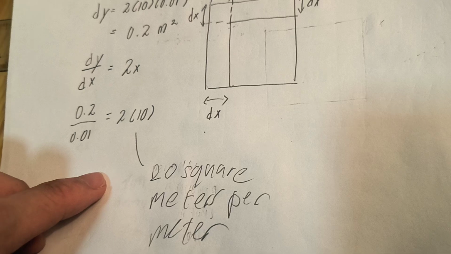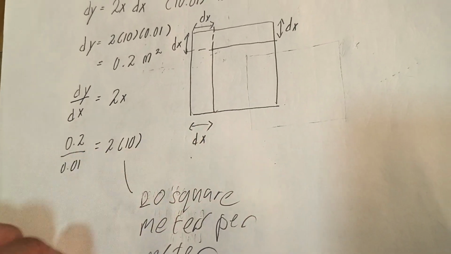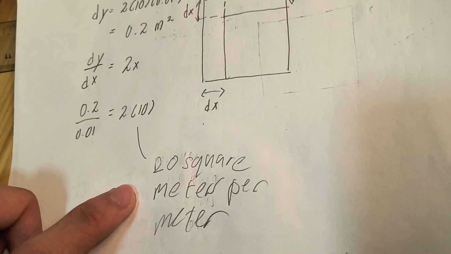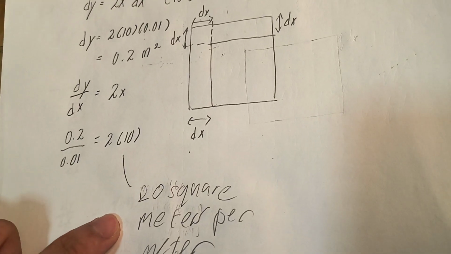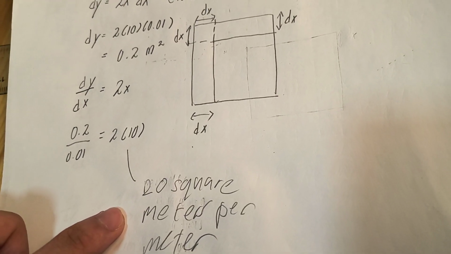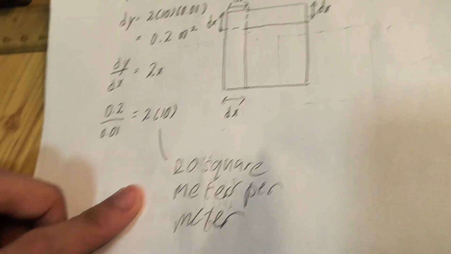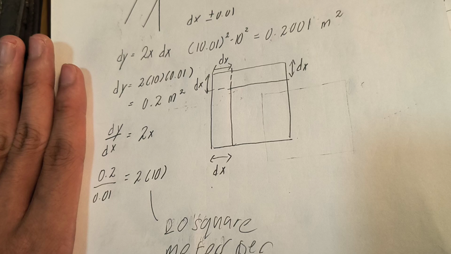So for every meter that you change the solar panel in terms of its length, you're going to get an increment of 20 square meters. So if I had a marginal error of 1 meter, then my solar panel is going to be 120 square meters or 80 square meters, plus or minus, remember? All right, so beautiful, that's cleared up. That's what the differential means.